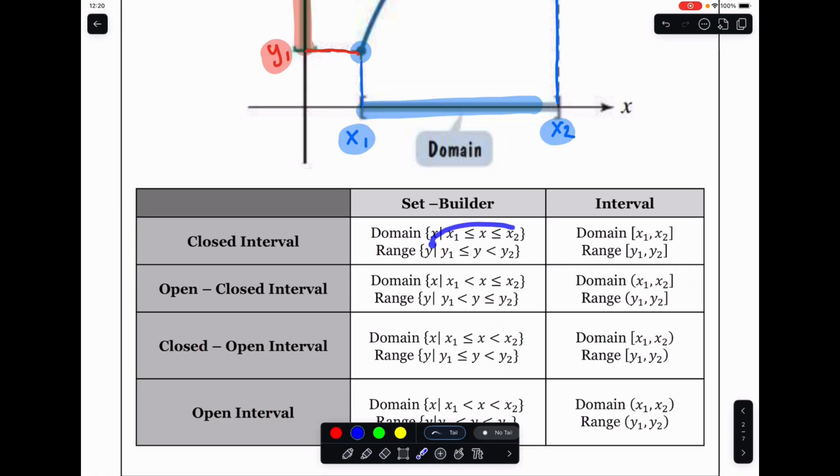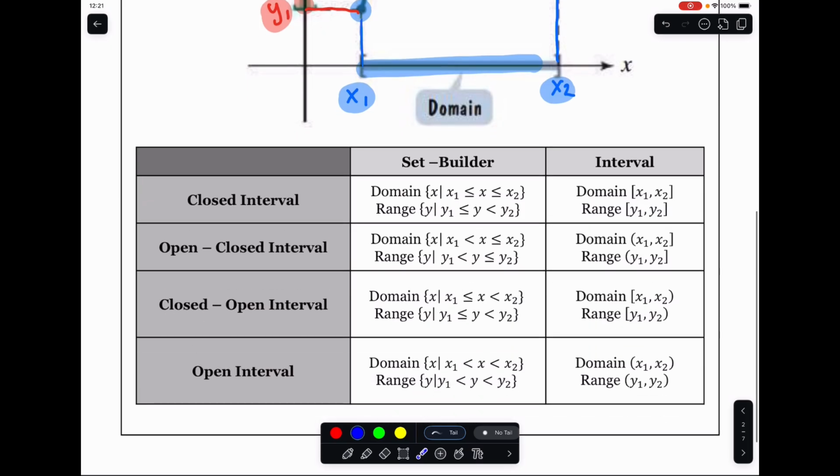Now, the set builder notation simply requires us to translate these, just like we did on the first lesson, into that notation. So we're applying the same skills from the previous video and the previous lesson to translate these into the appropriate notation.